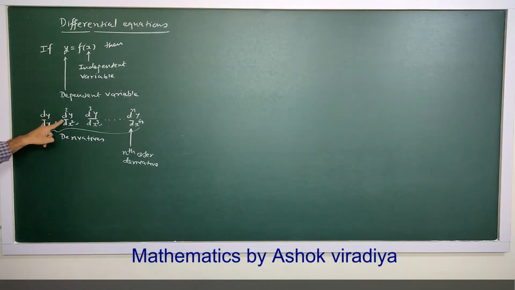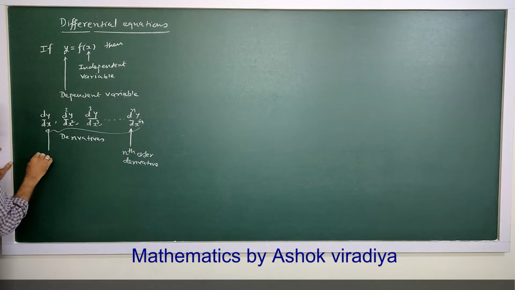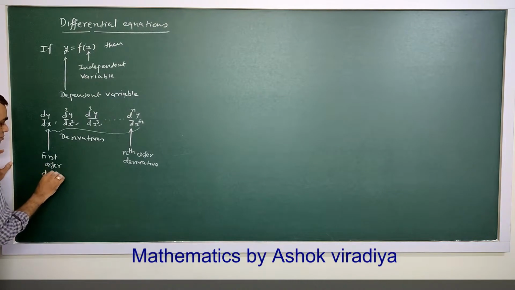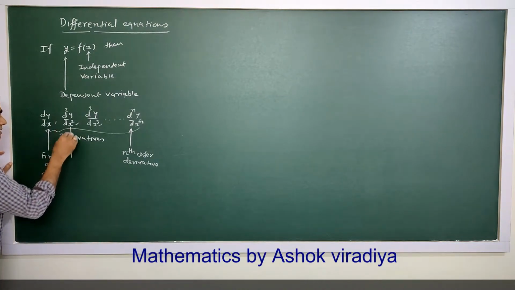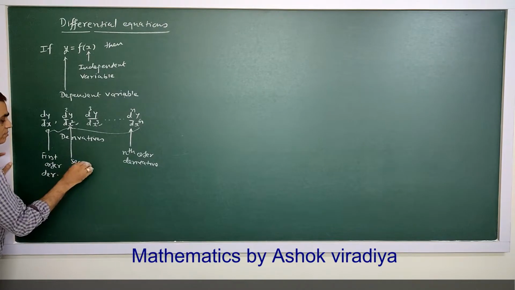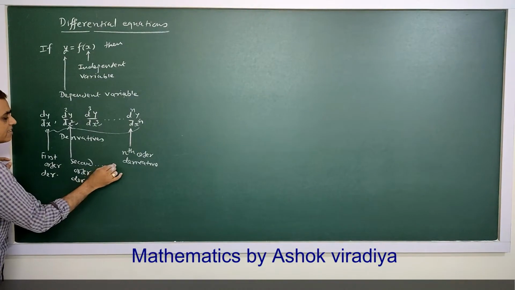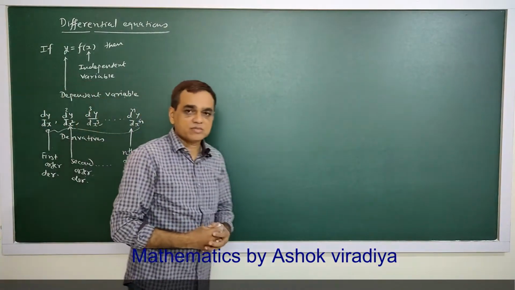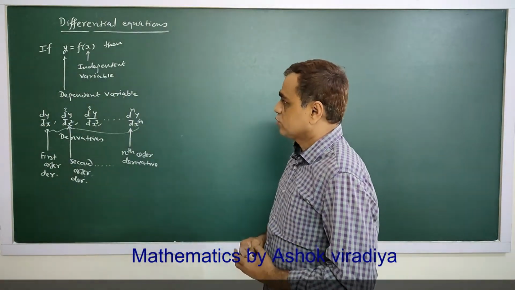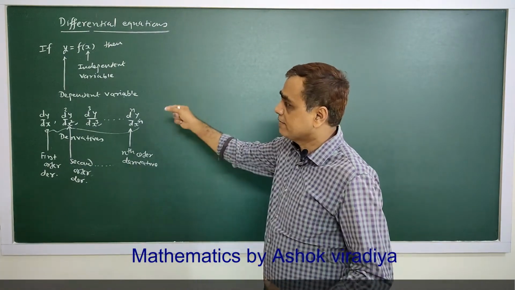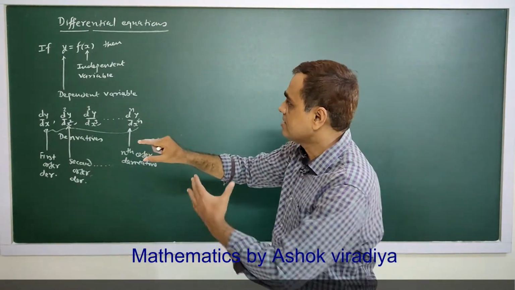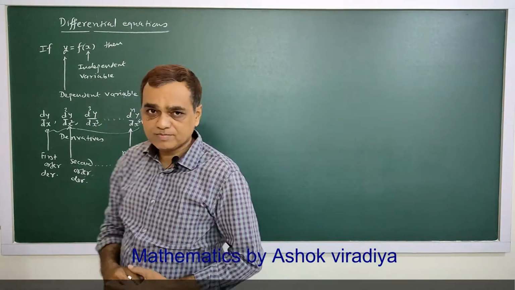First order derivative, second order derivative, third order derivative, like this. So y is a function of x, x is the independent variable, y is the dependent variable, and these are derivatives.